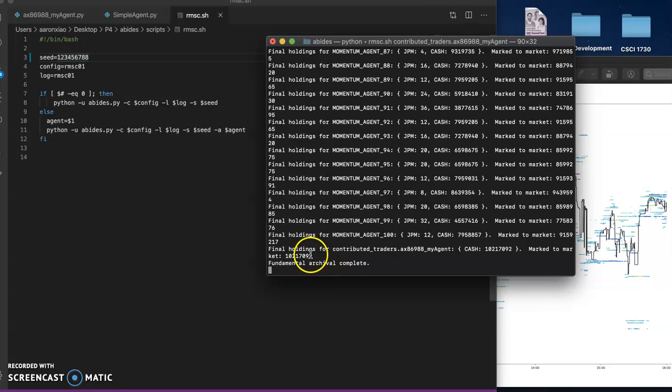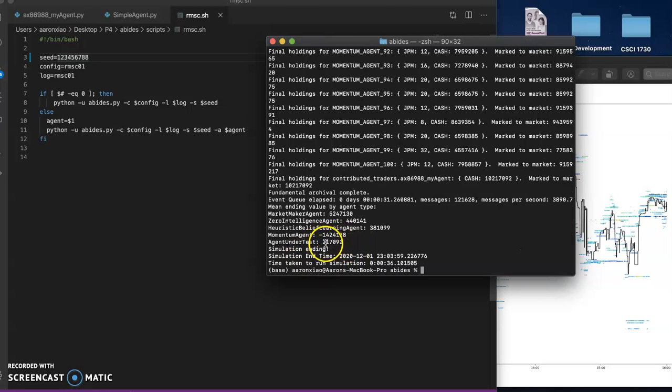And then for our agent, it came to around 2,170.